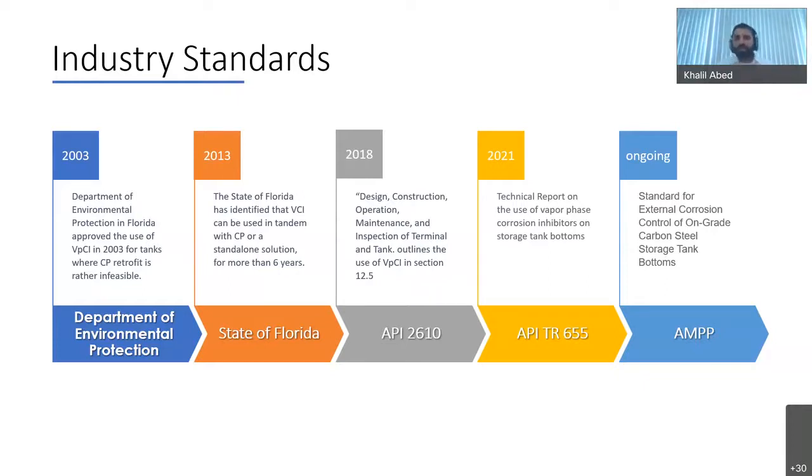It was a conditional approval. 10 years later, the state of Florida identified that vapor phase corrosion inhibitor can be used in tandem with CP or as a standalone solution.